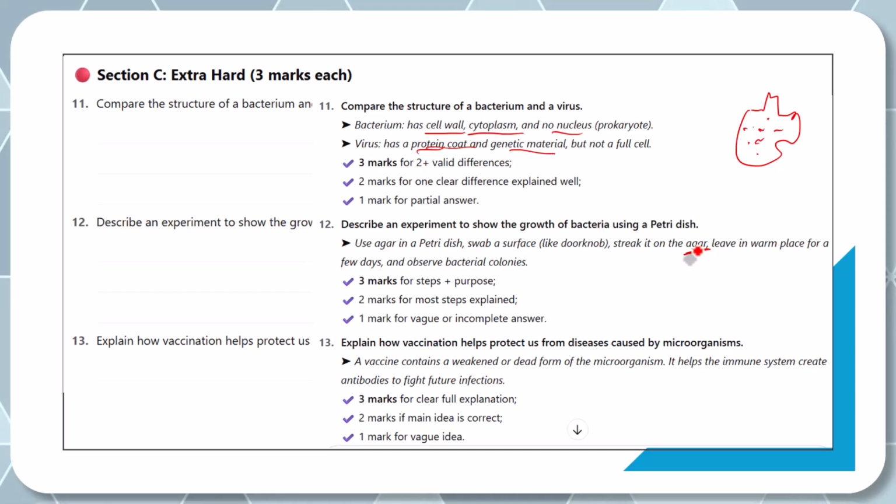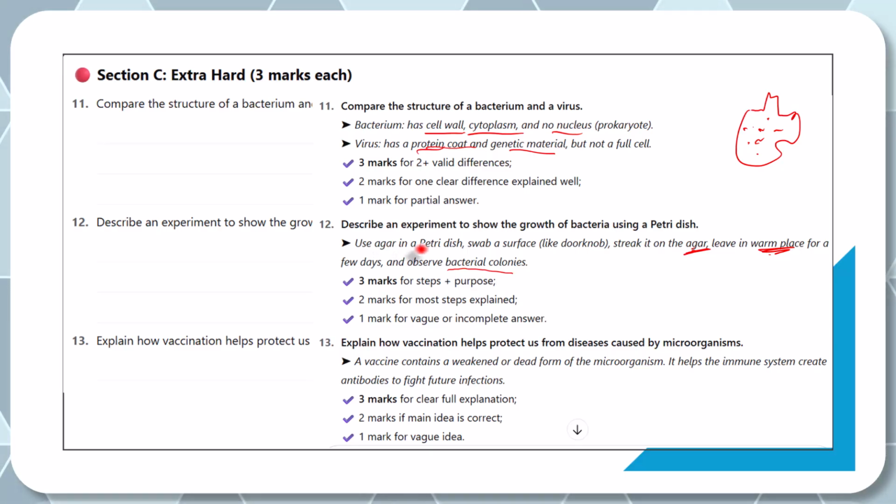I can't remember what it's called, but that is jelly-like. That's called agar, and that agar has got nutrients. So you need food basically, and the temperature has to be a warm place. So make sure that it's in a warm place, and then all you basically do now is leave it for a couple of days, and you should be able to see bacterial colonies.